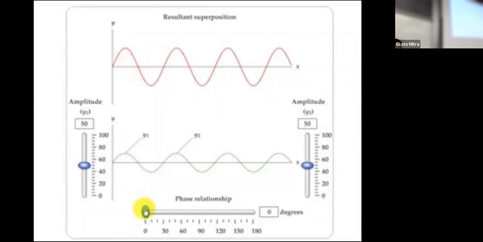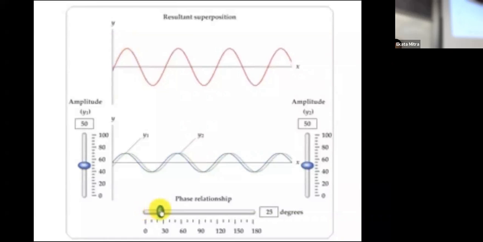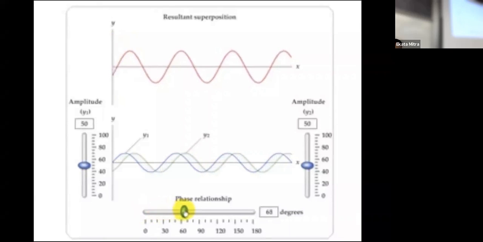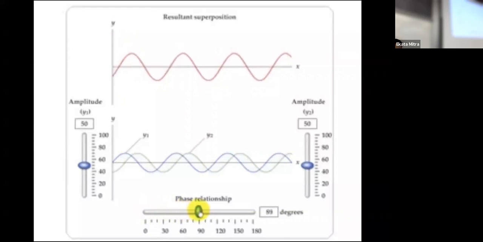If I start to move them so that they are out of phase, we can watch the top of the graph, and we can see that the resultant of these two waves, when added together, starts to change. It gets smaller and smaller.